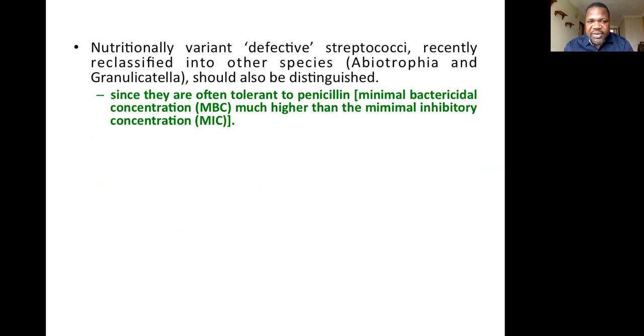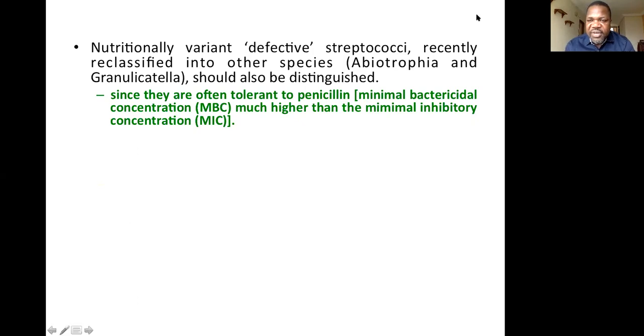Then there is also another subset of the same group that we call nutritionally variant streptococci, which have been recently reclassified into other species. Some are called Abiotrophia and Granulicatella.